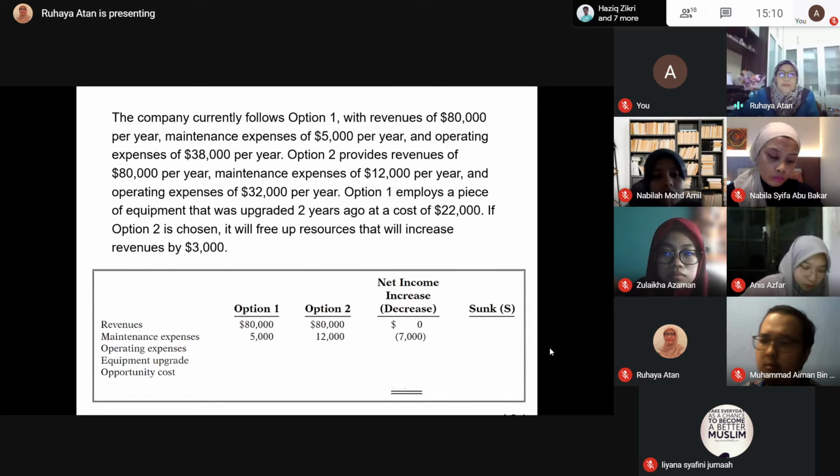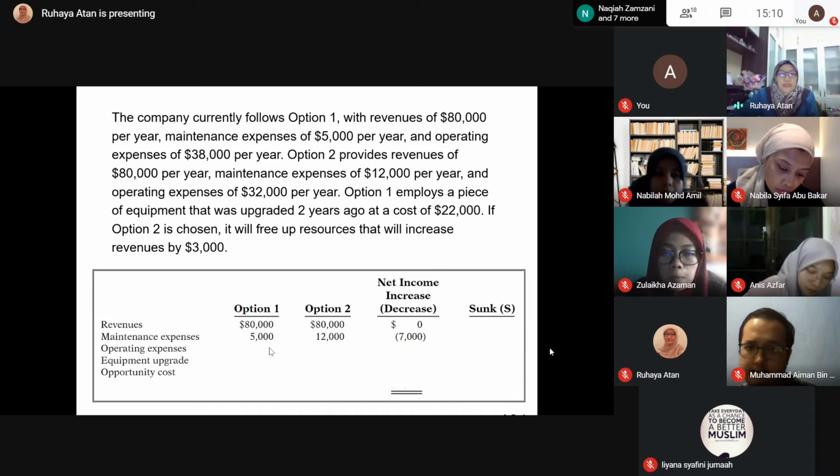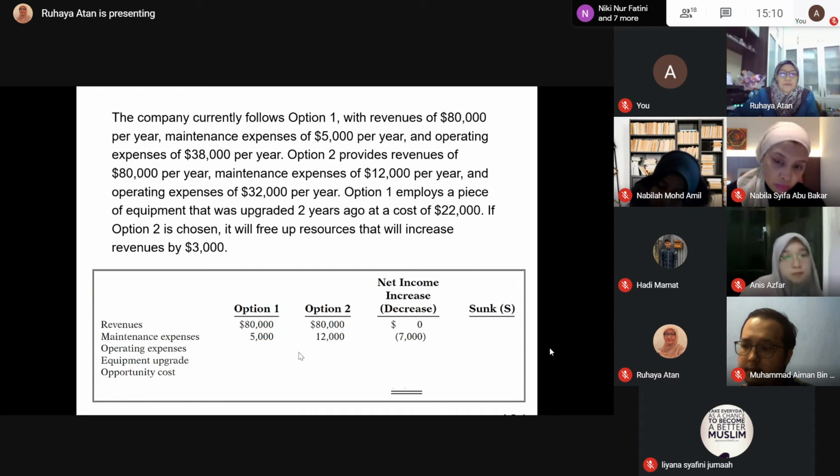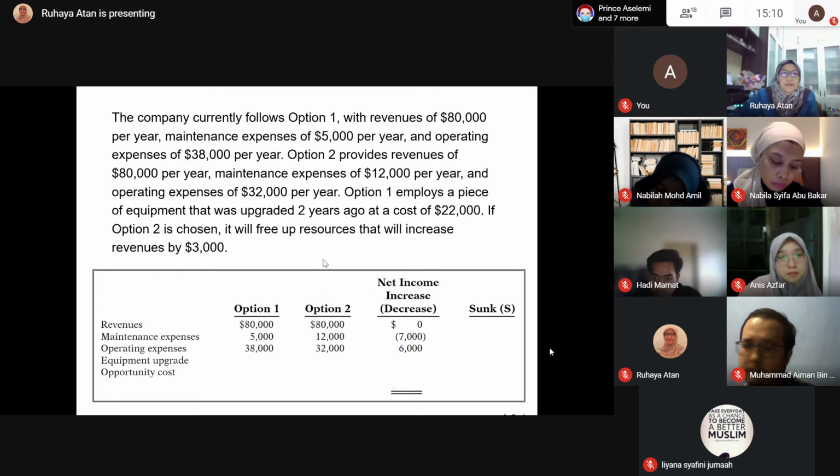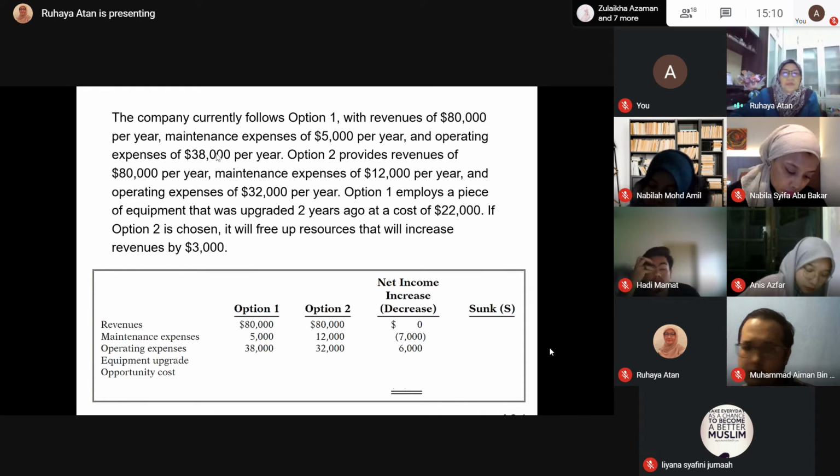Okay, so if you compare, the revenue is the same whether you do 1 or 2. And then maintenance cost, yeah, it is more in option 2, right? And then next, operating expense, okay? Operating expense, option 1, 38,000, option 2, 32,000. So option 2 gives you a saving here.